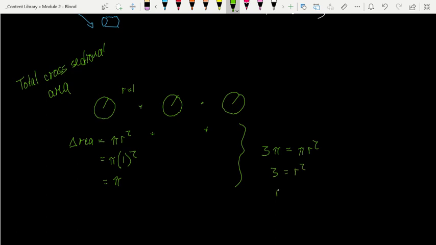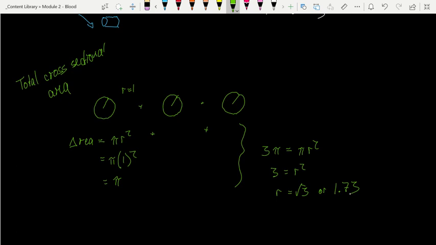So my new radius of all of these together is equivalent to the square root of 3, or about 1.73. So even though I have one initial radius of one circle, by adding multiple circles by running in parallel, you can see that the overall cross-sectional area is proportional to this radius, and we get a perceived increase in radius. And as we increase in radius, what happens?